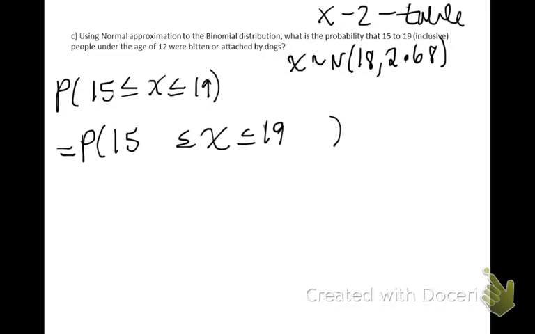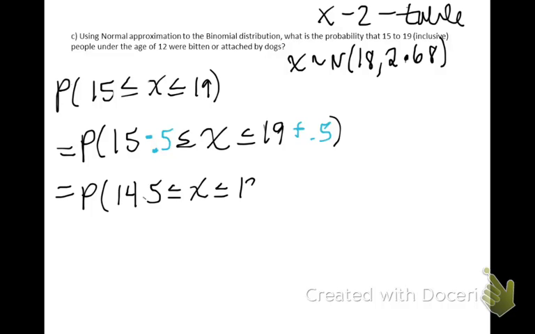Remember, the continuity correction is the value 0.5, and you have to decide whether to add or subtract it. You always want to subtract on the lower end and add on the upper end. So what we actually are looking up is the probability of being between 14.5 and 19.5.